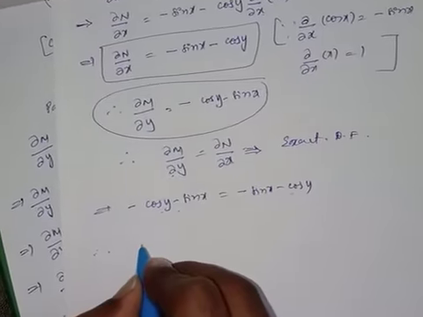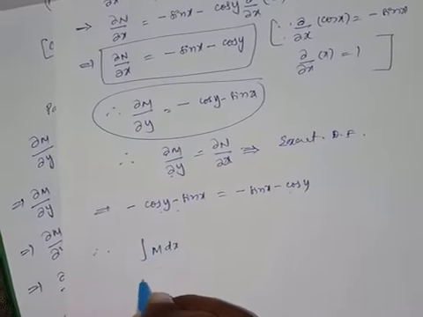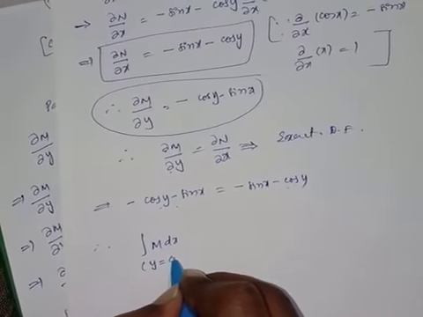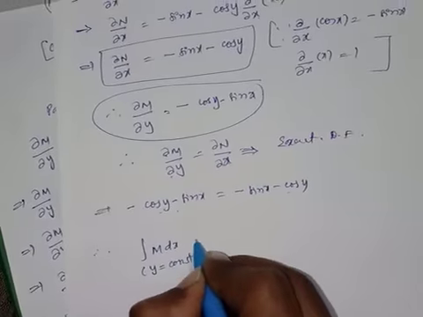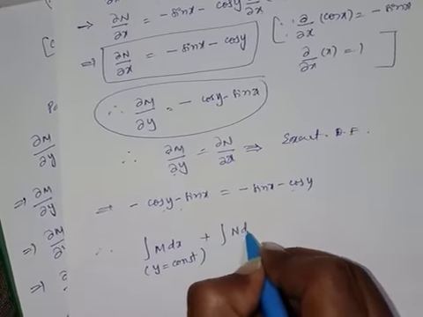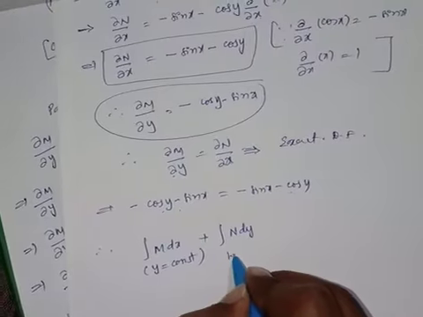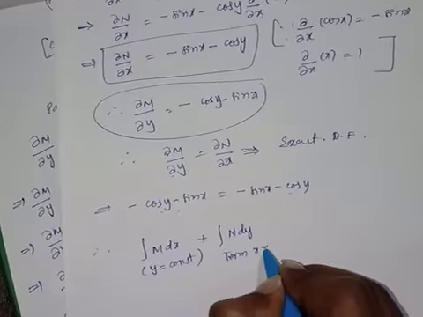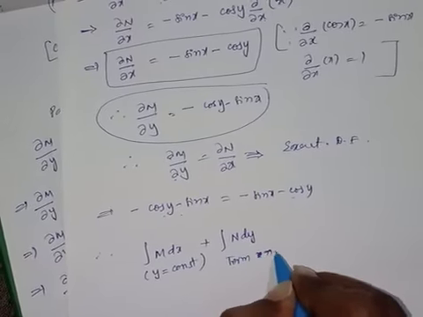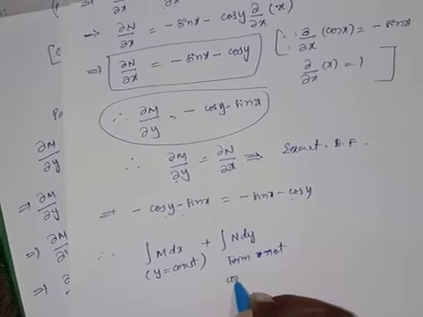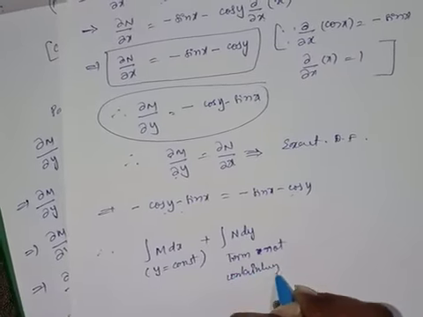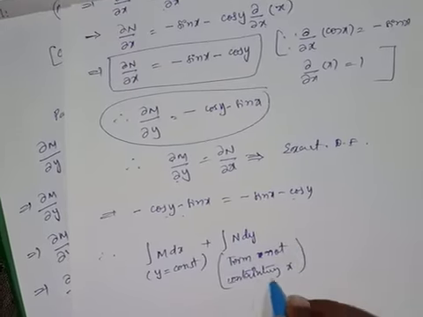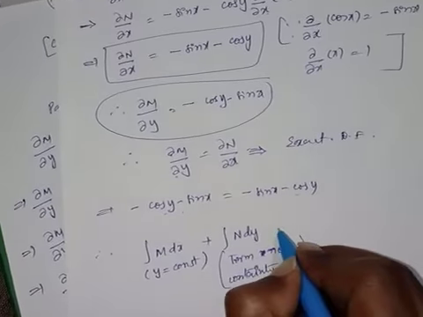So now the formula is the integral of M dx, here y is constant, plus the integral of N dy, only the terms not containing x, is equal to c.